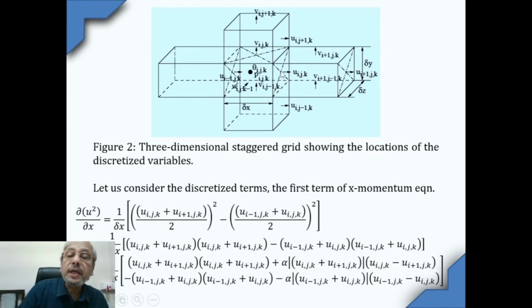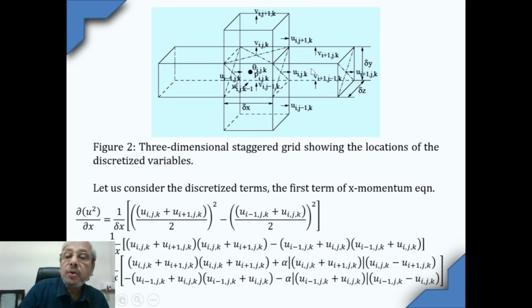At this point, if we have to find del X of U square, we can write central difference: U somewhere here, which is at the center between these two U's, minus U somewhere here, which is centrally located between Uijk and Ui minus 1 jk.